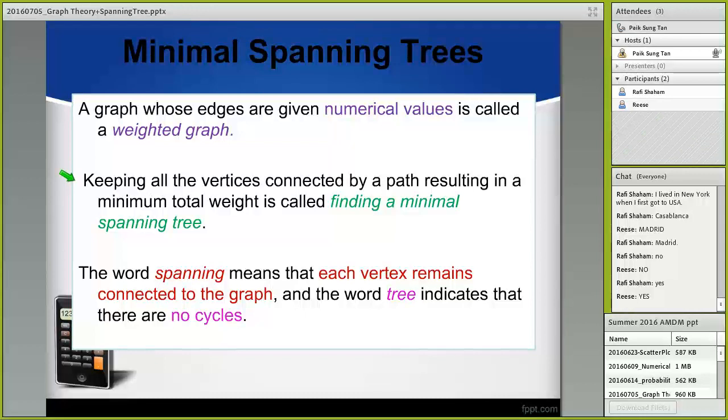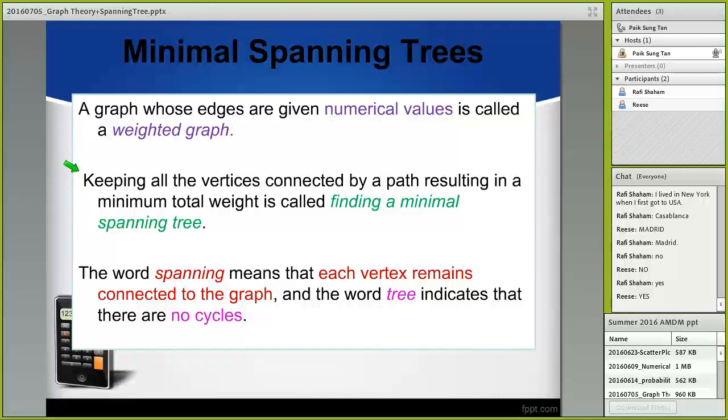Now, keeping all the vertices connected by a path. By a path, remember, it's not a circuit, meaning you might start and end at different points. Keeping all the vertices connected by a path, resulting in minimum total weight, is called finding the minimum spanning tree.